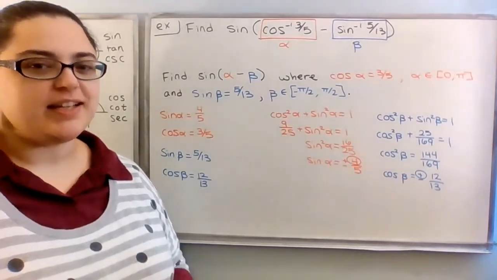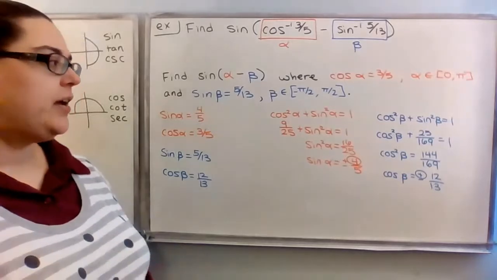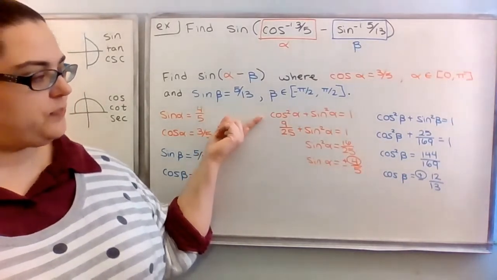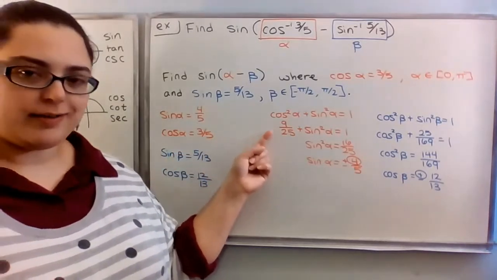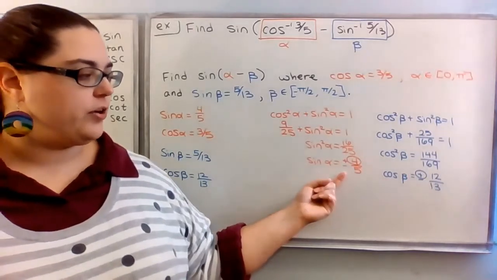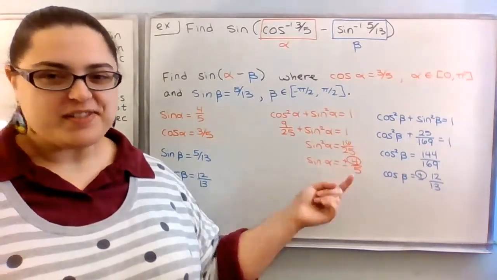Alrighty, so let's see how we did in finding sine of alpha and cosine of beta. So to find sine of alpha, I did cos squared plus sine squared is 1. Since cosine of alpha was 3/5, when I square it, I get 9/25. And solving that equation got me either positive or negative 4/5. I didn't mean to circle the 4, I meant to circle the plus, but that's okay.